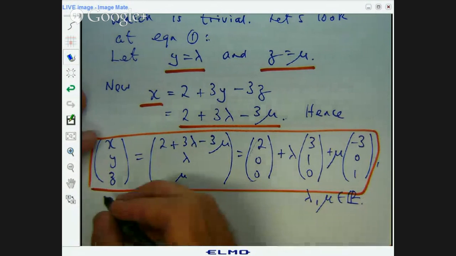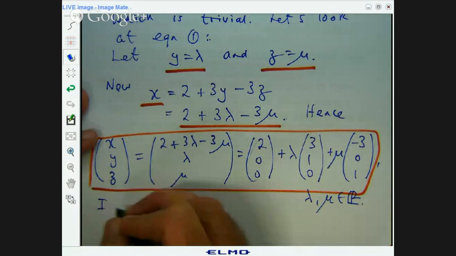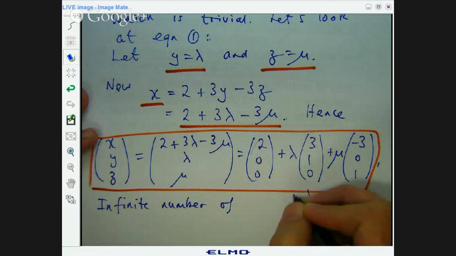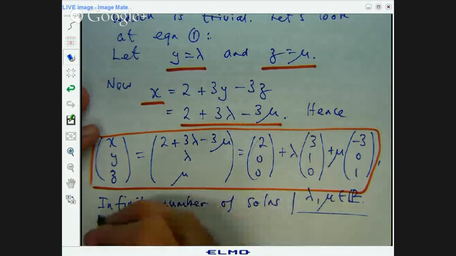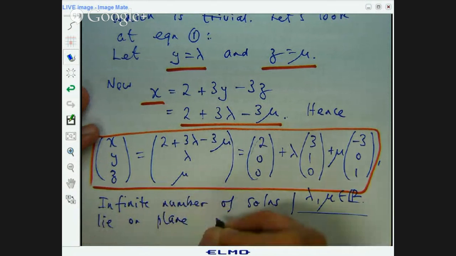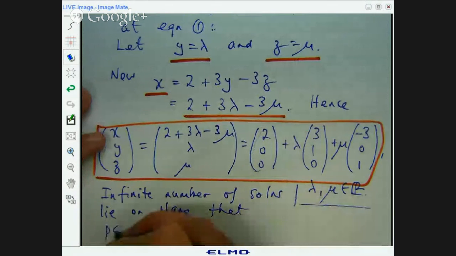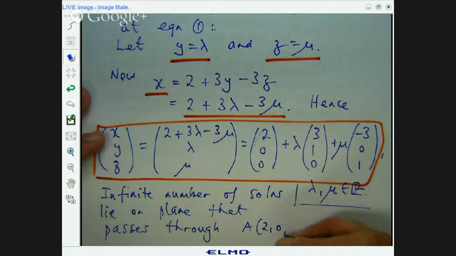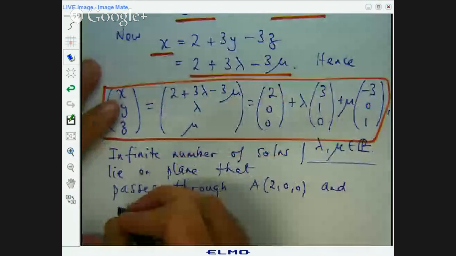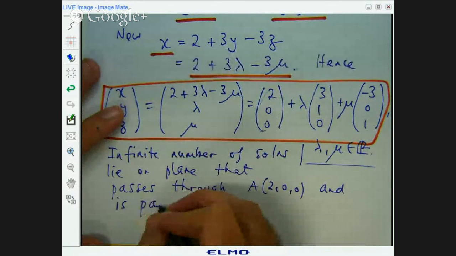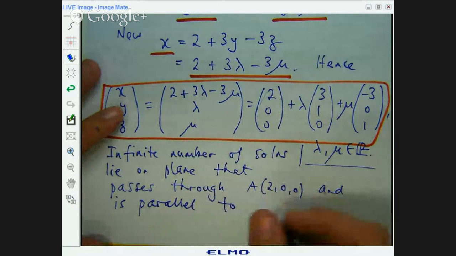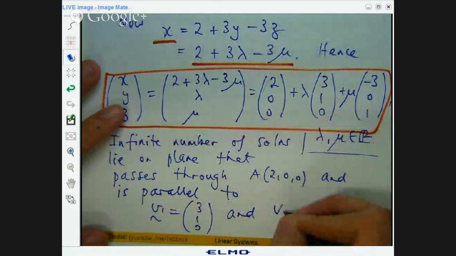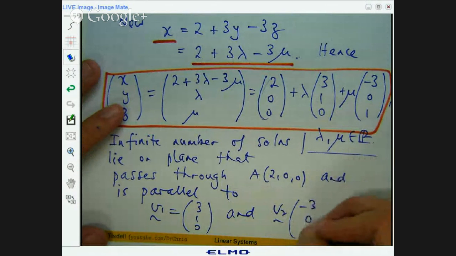Okay, so the infinite number of solutions lie on the plane that passes through, say, the point A and is parallel to, or contains, the vectors, let's say V1 and V2.